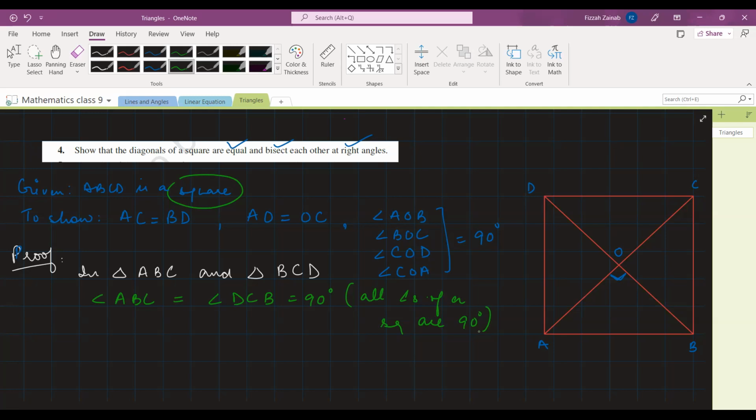Angles are 90 and what about sides? All sides are equal. So which side you can take equal here? AB equal to CD, isn't it?